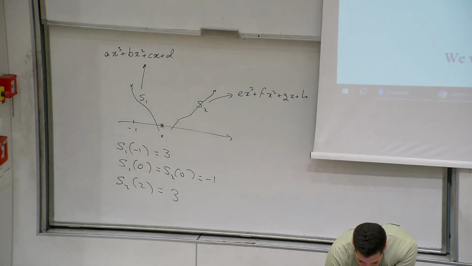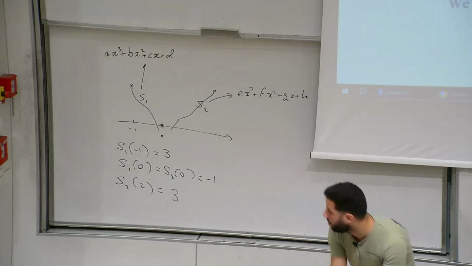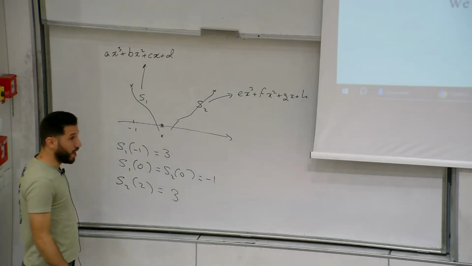Because of that, we know, for example, that h equals d equals -1. And then we impose our boundary conditions, which are that S tag is continuous at 0.